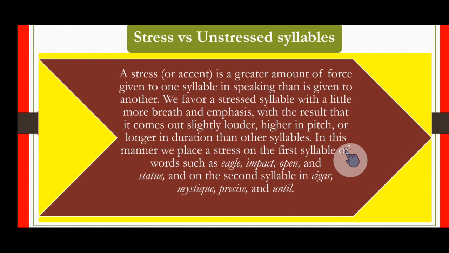So until has two units, and in each unit we have one vowel sound, accompanied by one, two, or three consonant sounds. We can sum up that a syllable is a unit of a word which must have a vowel sound and one, two, three, or maybe more consonant sounds.